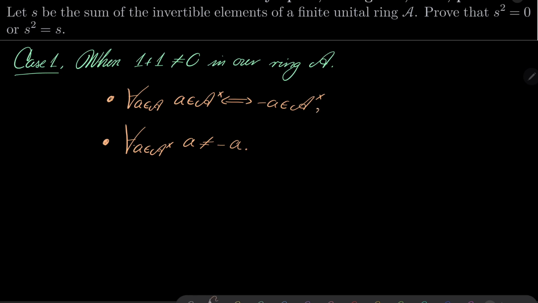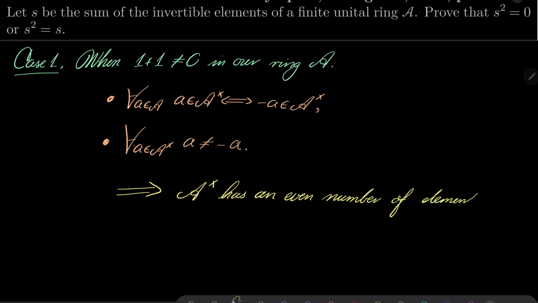That implies that the set of units of A has an even number of elements, and moreover, S is just 0 because we are pairing a with minus a. So S squared equals 0 as well.